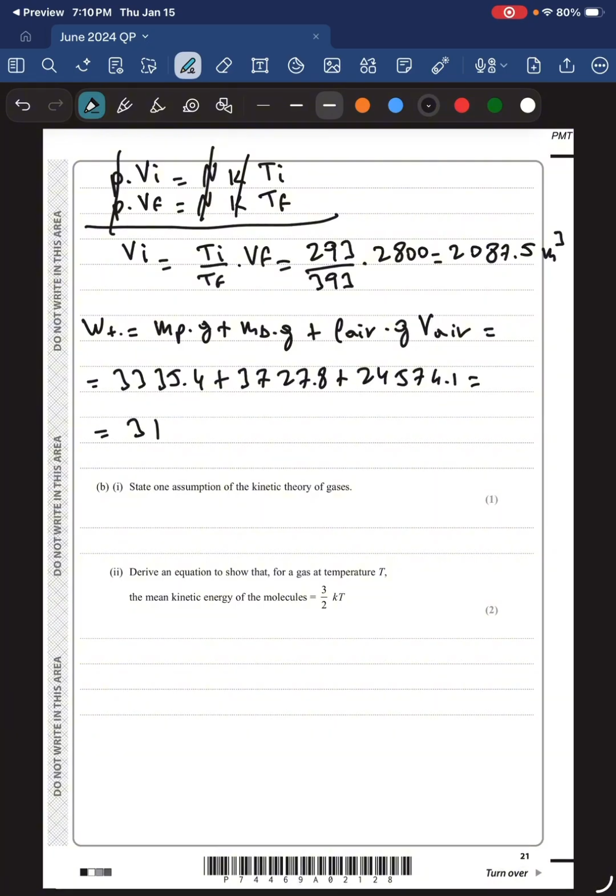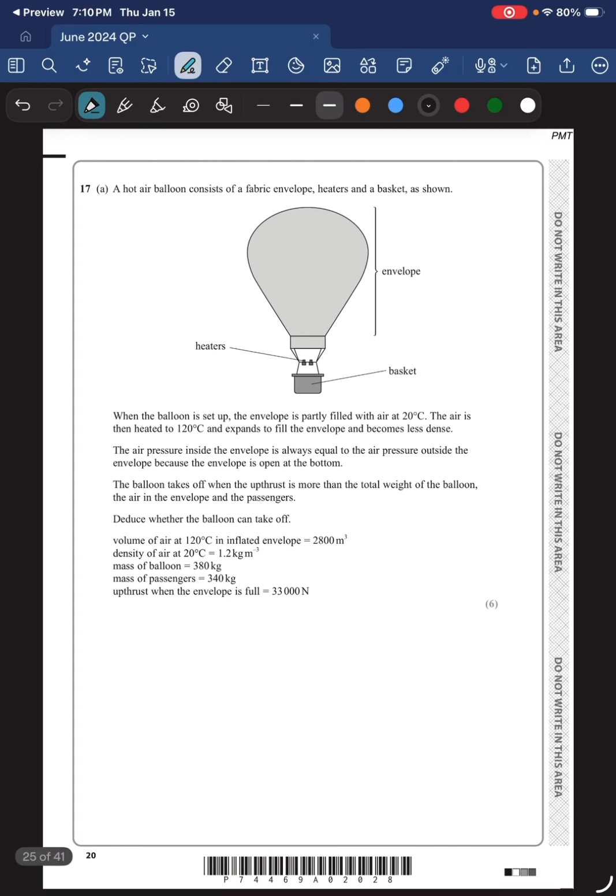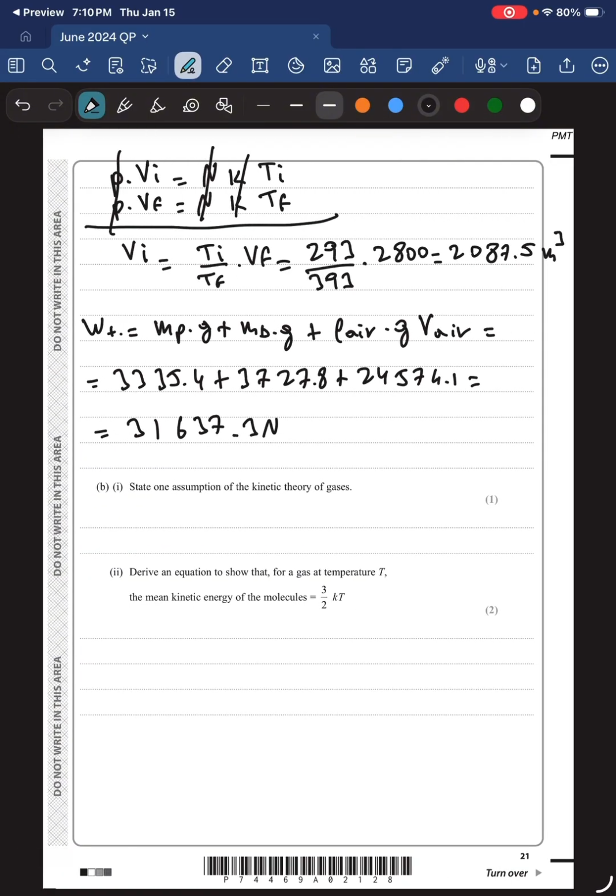Final result is 31,637.3 newtons, which is less than the upthrust, right? So it will lift. We'll have a takeoff.